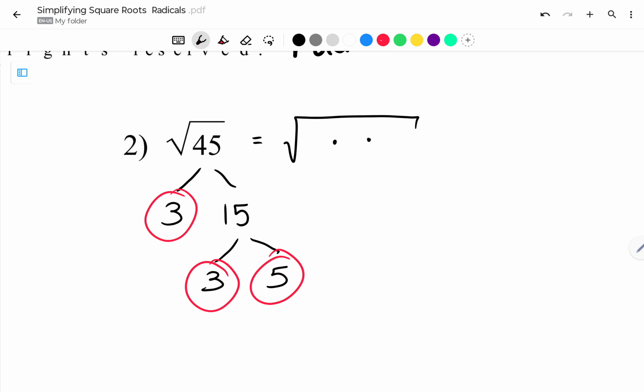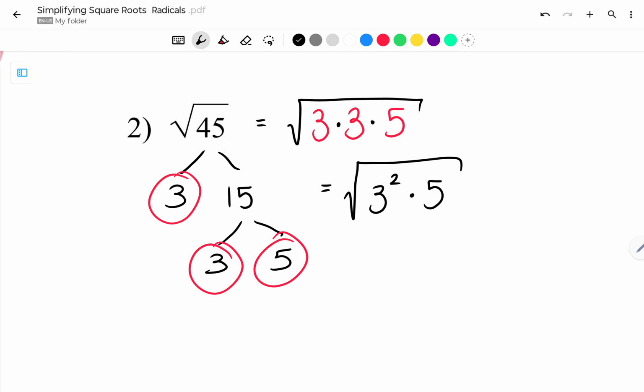Let me do that in red, actually. 3 times 5. Right? So from here, I want to start pairing them up. If I could pair up some of the numbers, let's pair them up together. And so what do I mean by that? 3 times 3 is the same thing as 3 squared, so I'm pairing that up. Times 5. Okay? Now you can split these up.